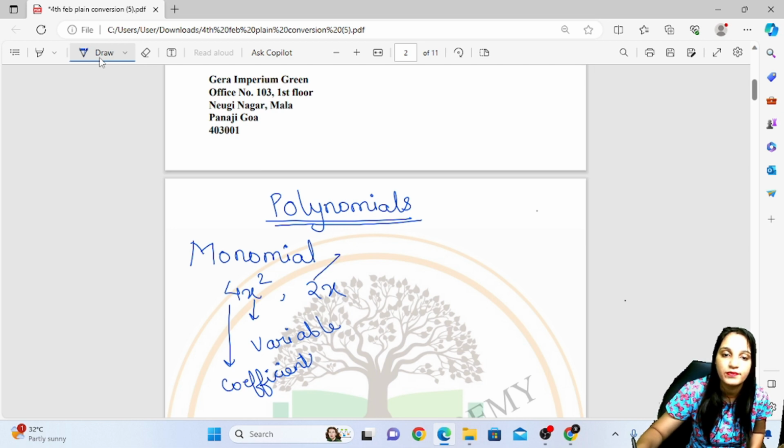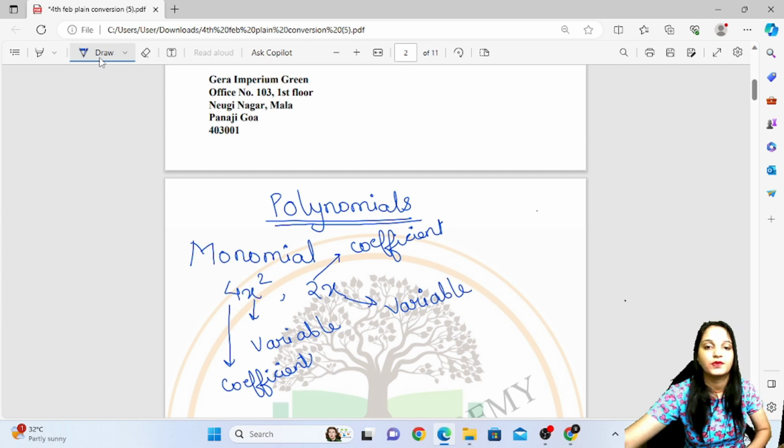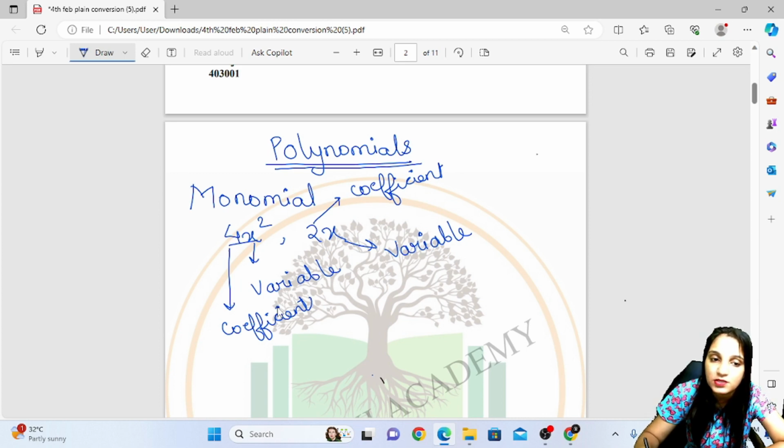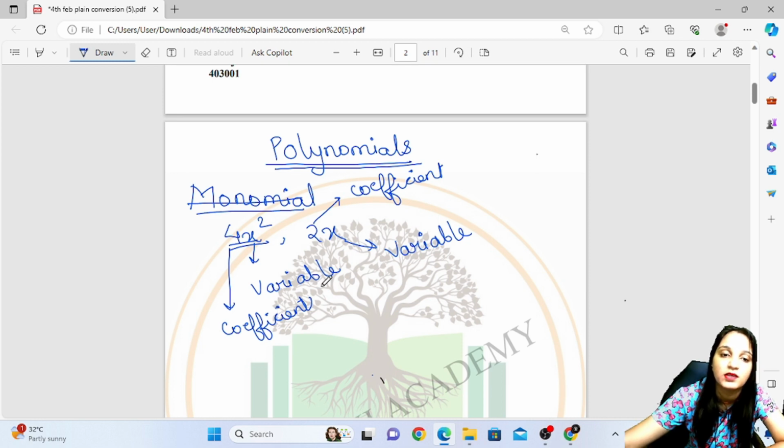This is also called coefficient, and this is called variable. Now, when you have only one, this together is called a term. So when you have only one term, it is called a monomial.